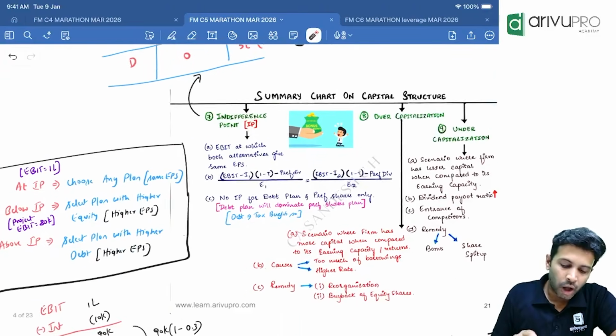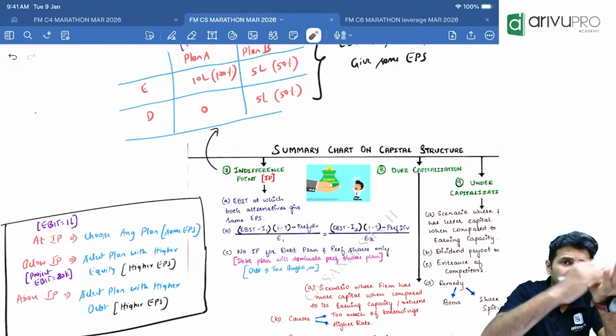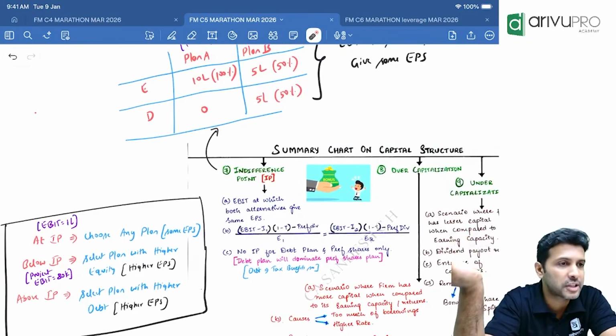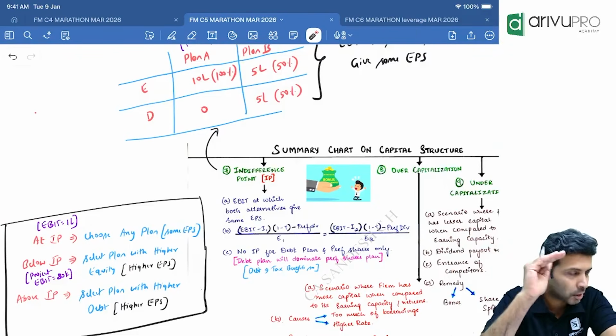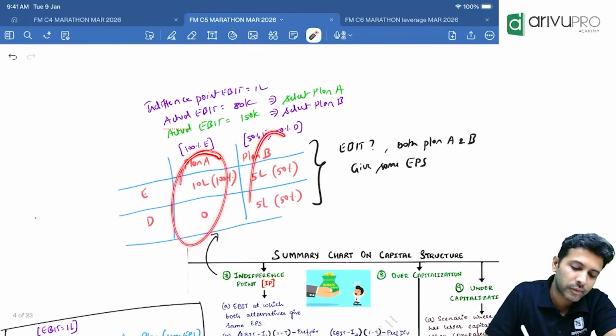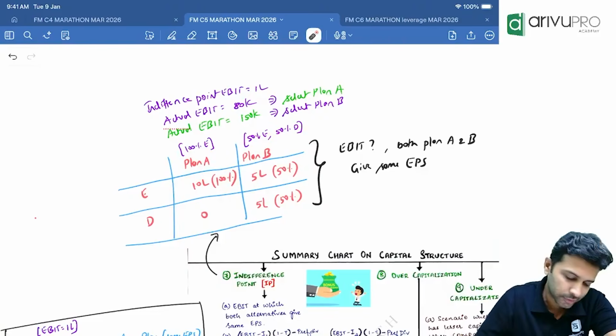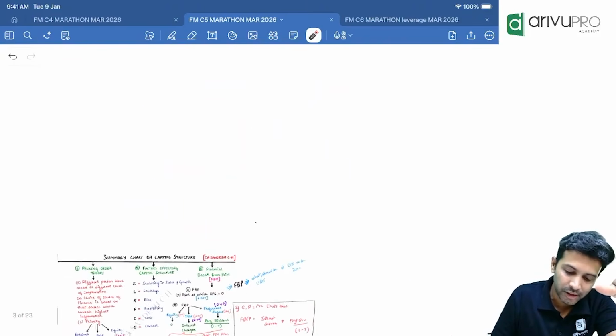At the indifference point, if the project's EBIT is exactly equal to the indifference point EBIT, if the project achieves exactly that level, then you can go for this plan or that plan, the answer or EPS will be the same. At the indifference point, you can select any plan, the answer will be the same.